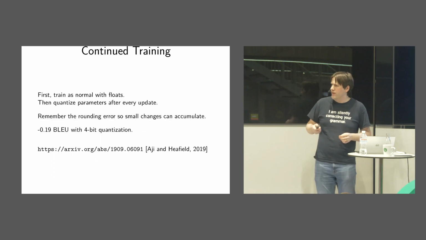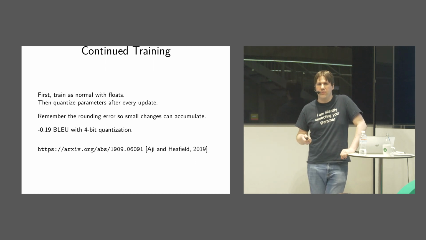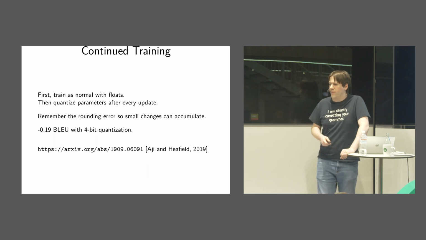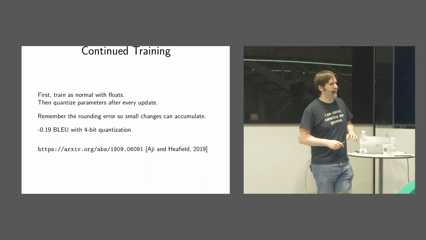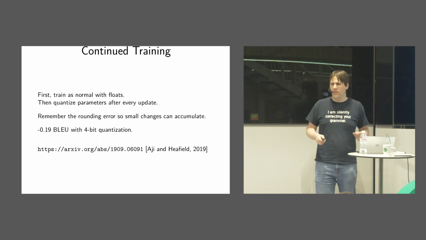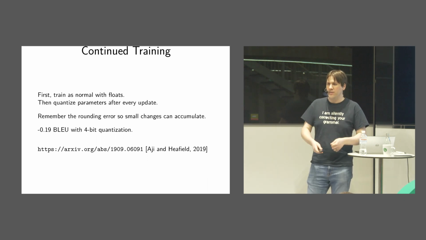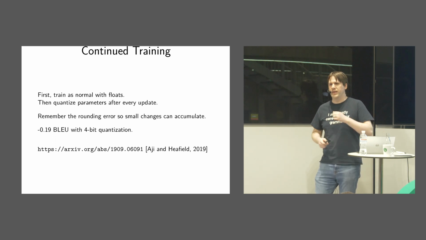So then in order to squeeze things into 4 bits, we tried a bit harder. Previously, we were just taking the model as trained, quantizing it, and then trying to get performance out of it. But then we went back to the old trick, which is not necessarily new, of retraining the model. So you take a fully trained translation system using floats as normal, and then start damaging it with this quantization. And you run continued training, so you just carry on training the model, but every single time it updates the parameters, you force those parameters back into 4-bit integers.